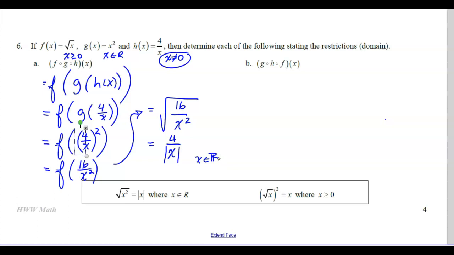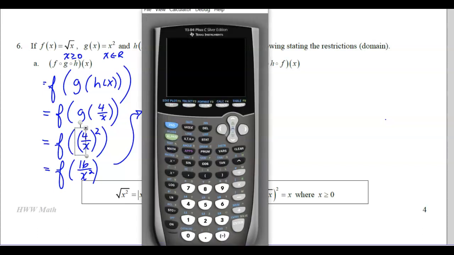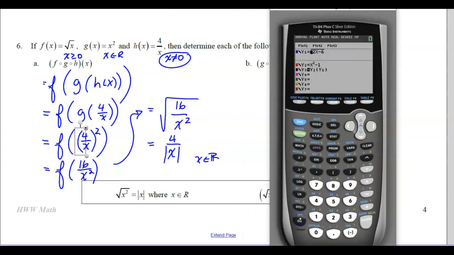Let's check it on our calculator. There's a couple minutes left. So the domain on this one isn't too bad. So here, I'm going to change this to root x. Next one, just x squared. Clear that. And then 4 over x.